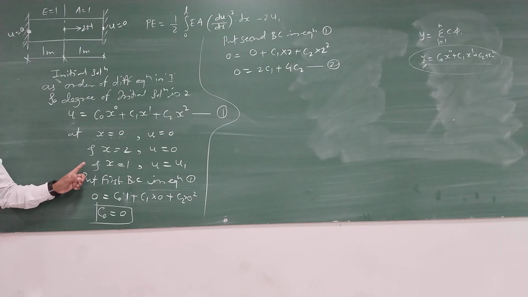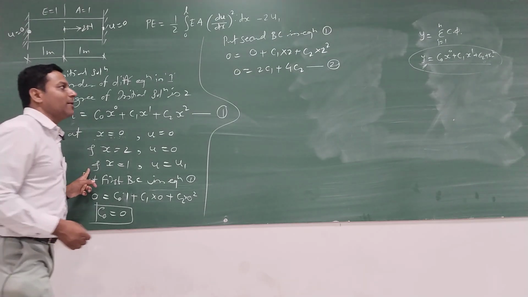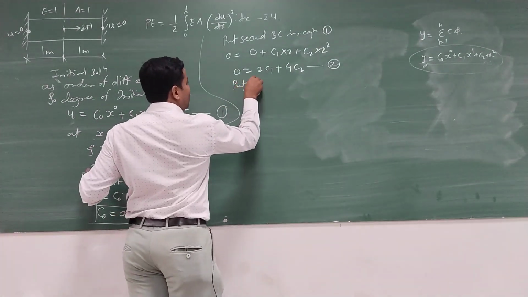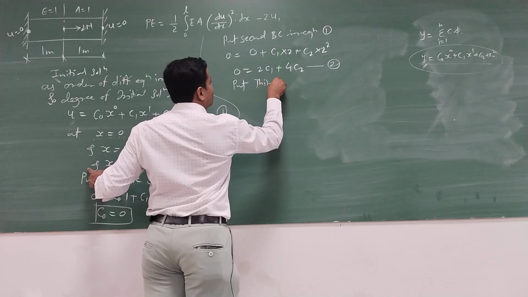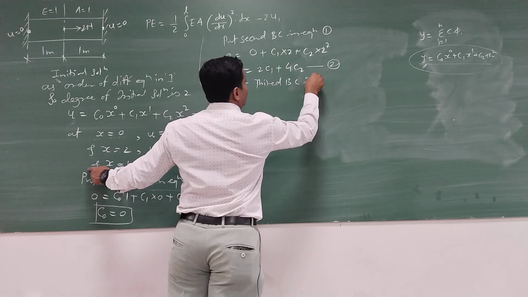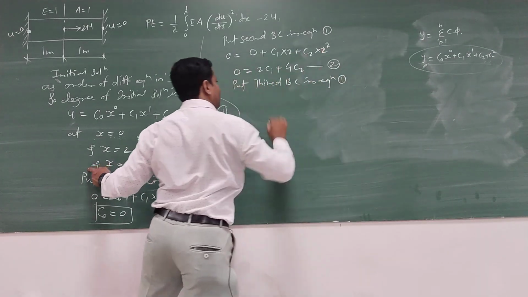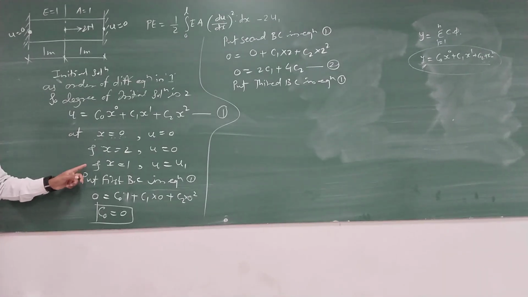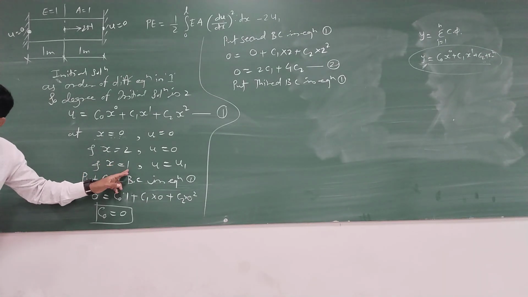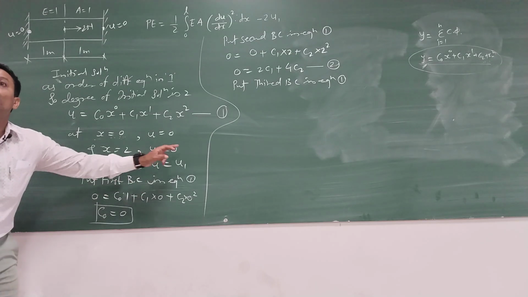आता काय करायचं आहे? थर्ड बाउंड्री कंडिशन. पुट थर्ड बाउंड्री कंडिशन इन इक्वेशन 1. बाउंड्री कंडिशन काय बघा? x is 1 and u is u1.